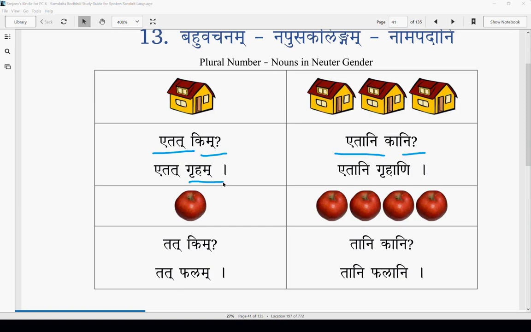Gruham, phalam, paranam, we know these are ekavachanam, napunsakalingam words ending in am, and in the bahuvachanam they change to gruhani, phalani, etc. So if we make a chart or a table, how does it look? First one we had saha, kaha, saha. What is the bahuvachanam for saha?